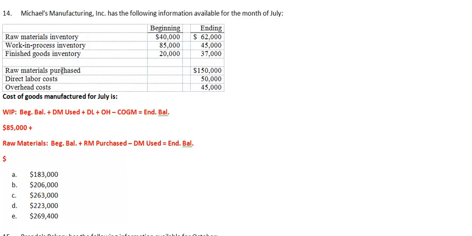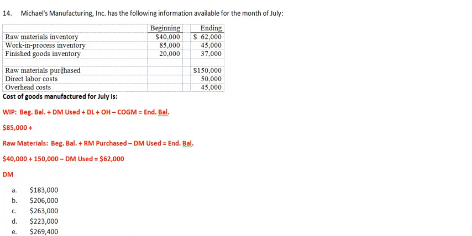So your beginning balance in raw materials is $40,000. The direct materials purchased is $150,000. So you have $190,000 of materials. Out of that $190,000 of raw materials, $62,000 is left. So that means you must have used $128,000.